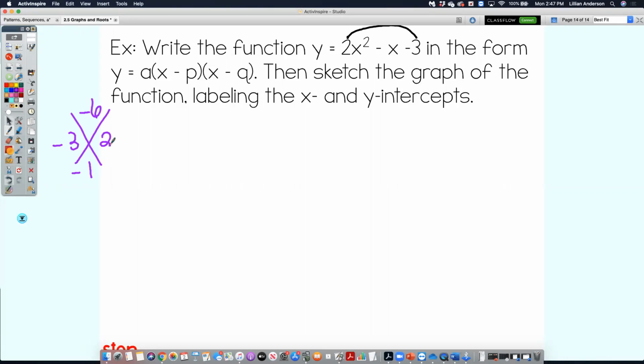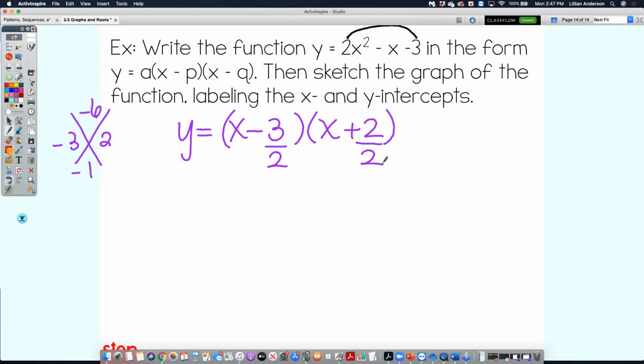Okay. Now, this is why I said this goes a little bit against what I've told you guys. So we write them in our factors, and then we would do divide and bottoms up, right? So we're going to divide just like we normally would. Because there's an A value, we would divide.